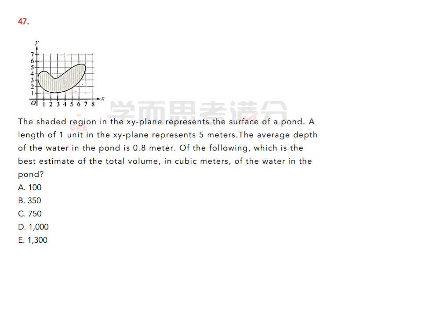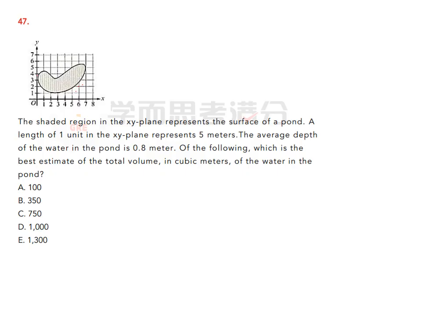Here is a tricky question and a little bit complex also. The shaded region in the XY plane represents the surface of a pond. The length of 1 unit in the XY plane represents 5 meters. The average depth of the water in the pond is 0.8 meter.